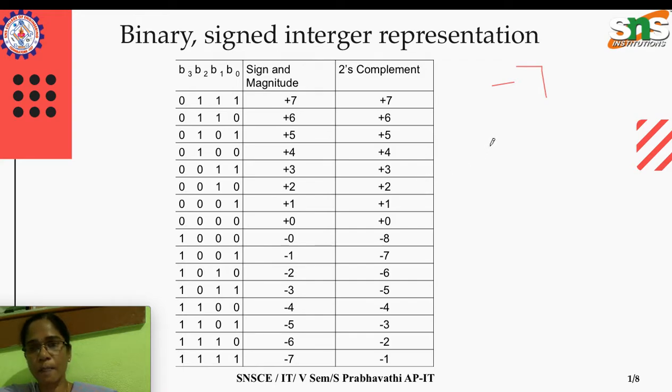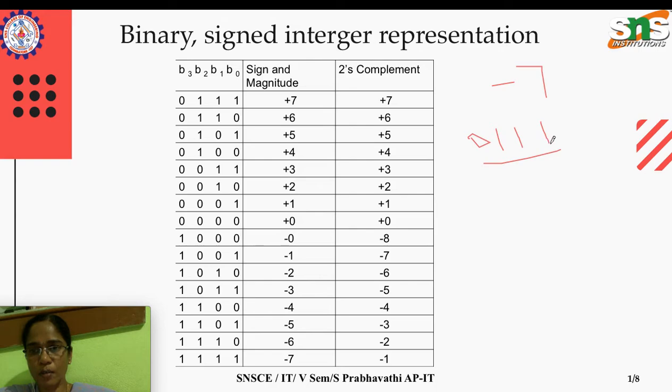For this we take +7, which is 0 1 1 1. To convert the given number into a negative number, first you convert it into its 1's complement and add 1. That is the way of getting the 2's complement representation of a number.